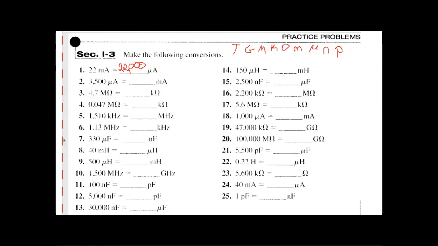All right, so what about number 2? If I'm moving from microamps to milliamps, how is that number going to change?